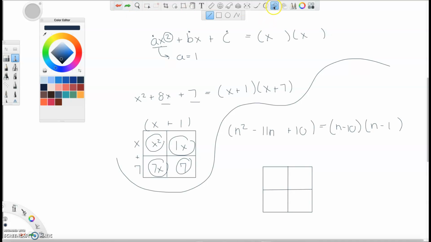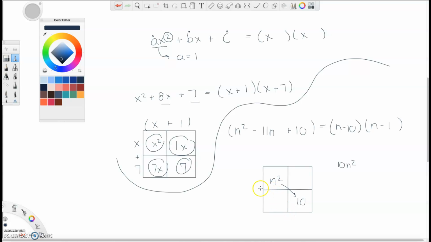In the box at the bottom, you're going to put your last term of 10. Now, what you're going to do is multiply this n squared by the 10 to give you 10n squared. And now, in these two boxes, you need two things that multiply to give you 10n squared, but add to give you negative 11n. All right, kind of tricky, right?